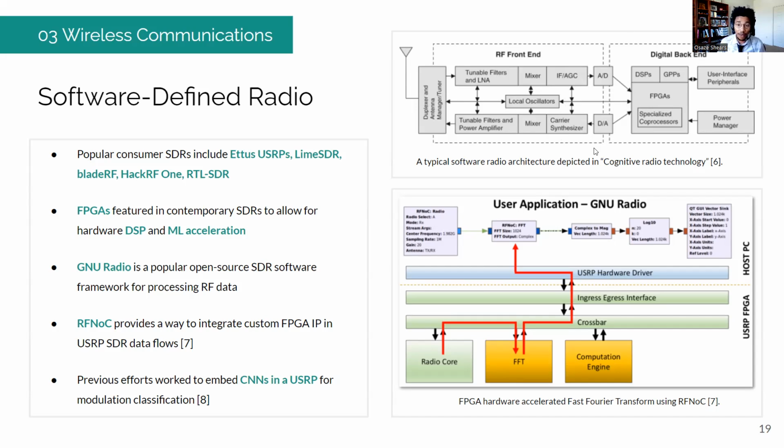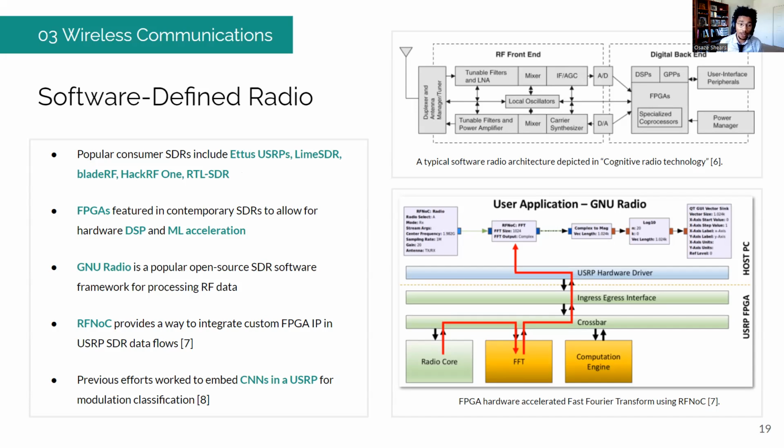So software radios are very flexible and very powerful and allow us to test things like the spectrum sensing demonstrations shown earlier. Some popular software-defined radios are Ettus Research's USRPs. The LimeSDR is a recent one that's been announced, and also the RTL-SDR, which is just a small USB dongle that allows you to plug it into the computer.